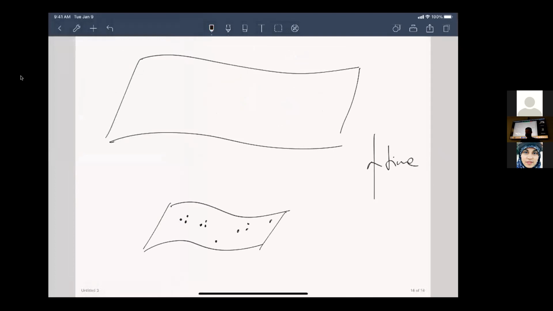Our assumption was that asymptotically in the future, they get isolated. Maybe they merge into one another, whatever, but basically they become isolated. That was the main assumption.